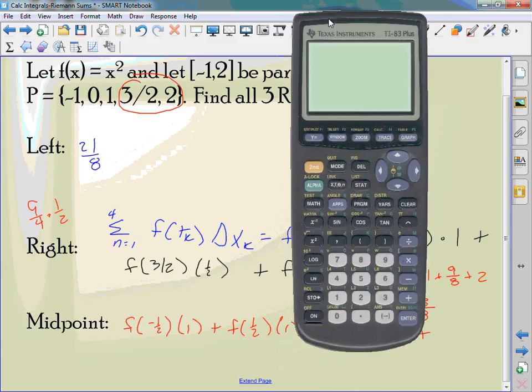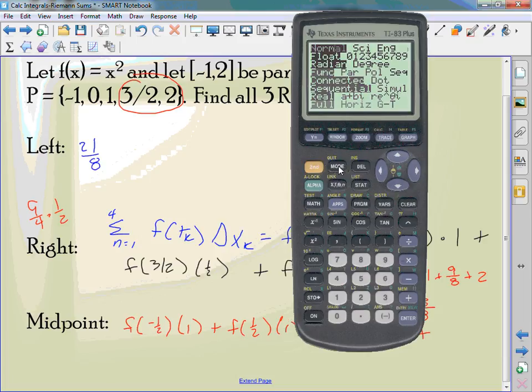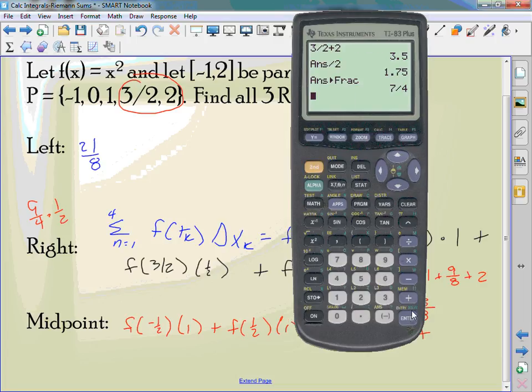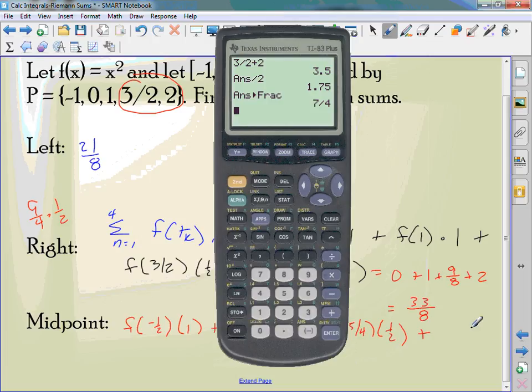I mean, you can always use a calculator. 3 halves plus 2, cut it in half, math, enter. 7/4. So it's f of 7/4. And the distance is a half. The midpoint one's the one where you have to do the most little work in order to find out the points.